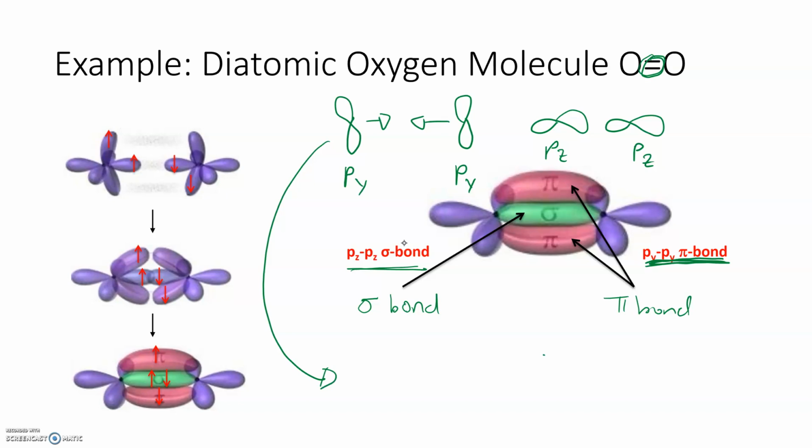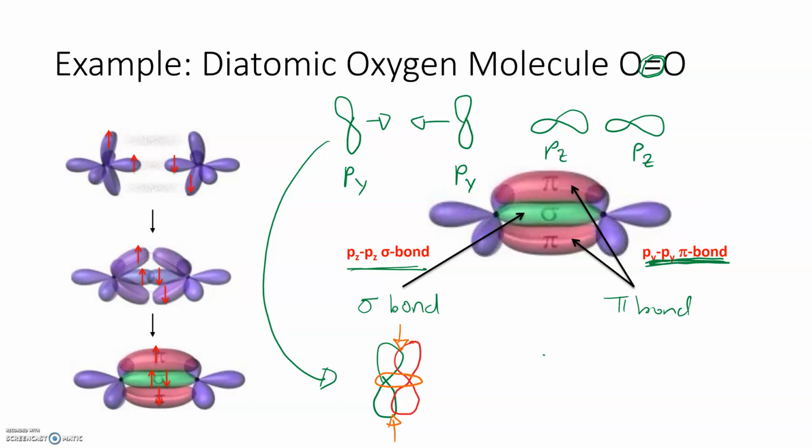And so we get an overlap that looks like this, where we have our first p orbital, and then we have our second p orbital, and it overlaps specifically in these places. You can see that there is an area in the middle here, because we know that p orbitals have nodes where they don't overlap at all.